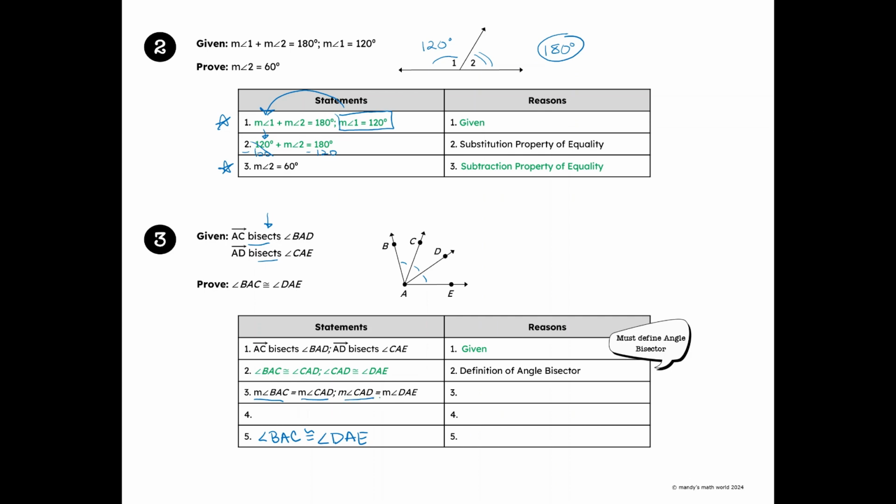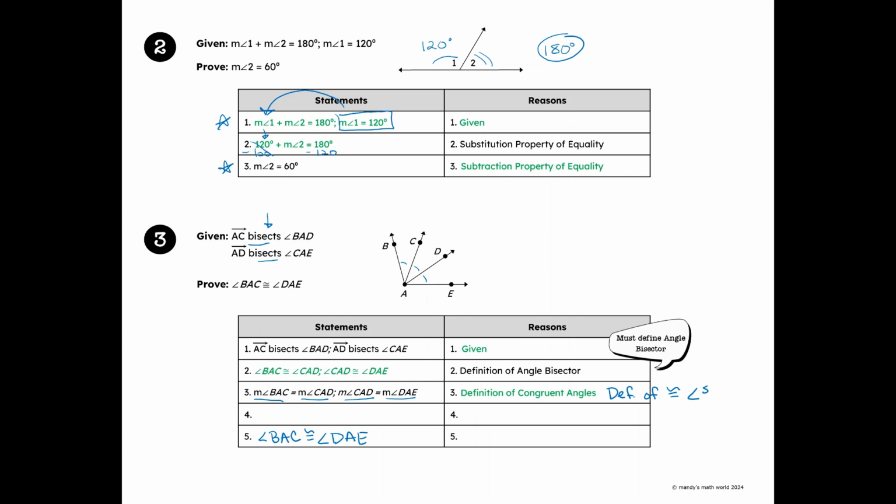And we get there by the definition of congruent angles. Okay, now, and if you need to pause the video, please do so. You can write definition of congruent angles in shorthand, right?